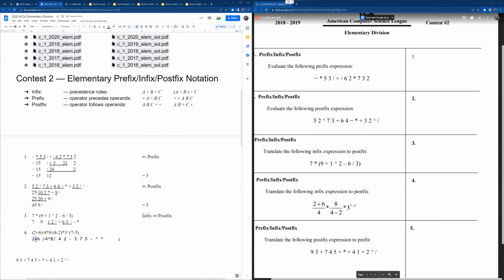We will do the addition first, right? And now we can do this. That's this part, right? Now we're done with that.